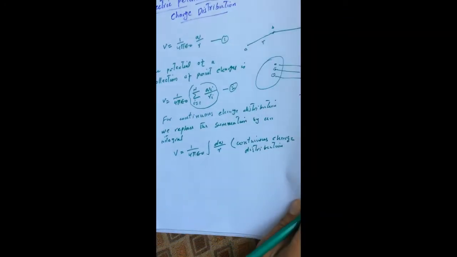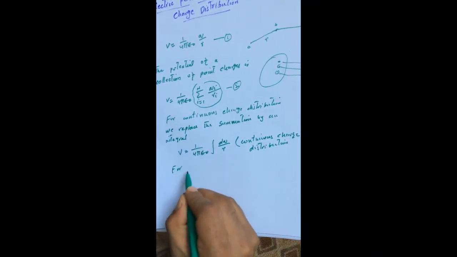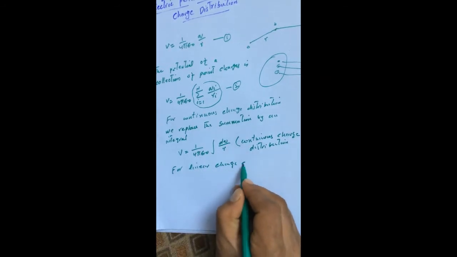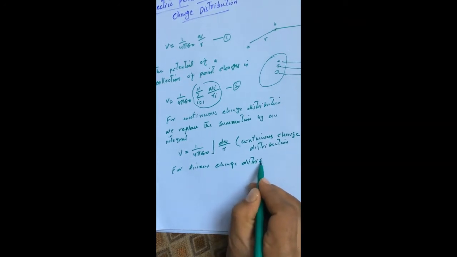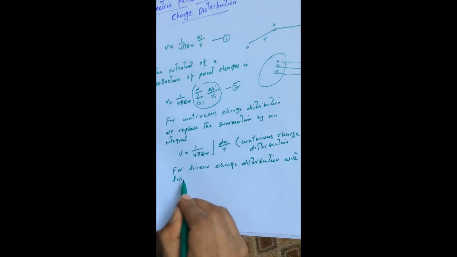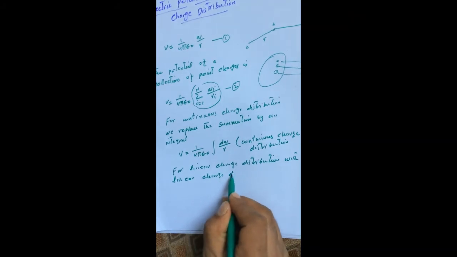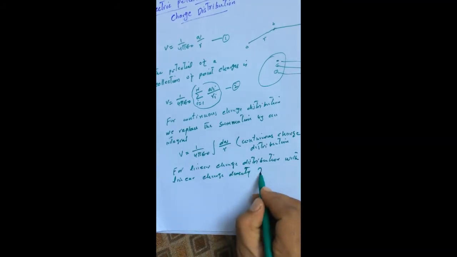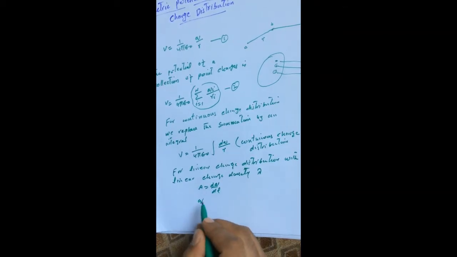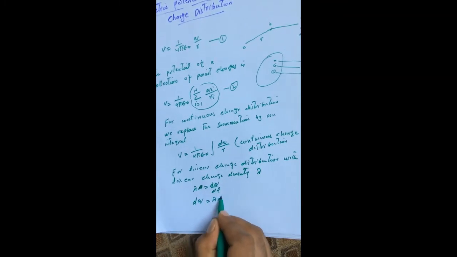For linear charge distribution, with linear charge density lambda given by lambda is equal to dq over dl, dq is equal to lambda dl.